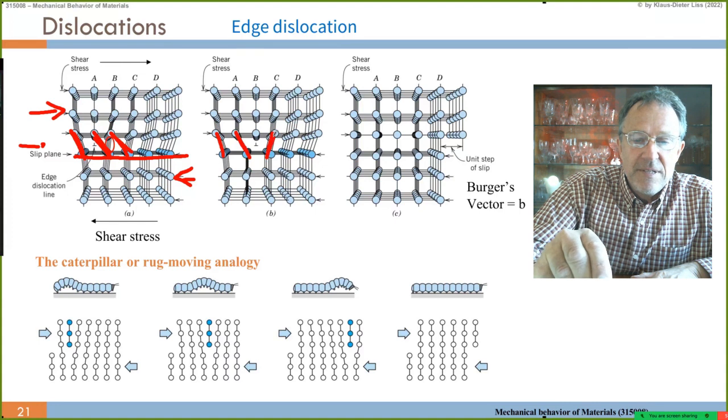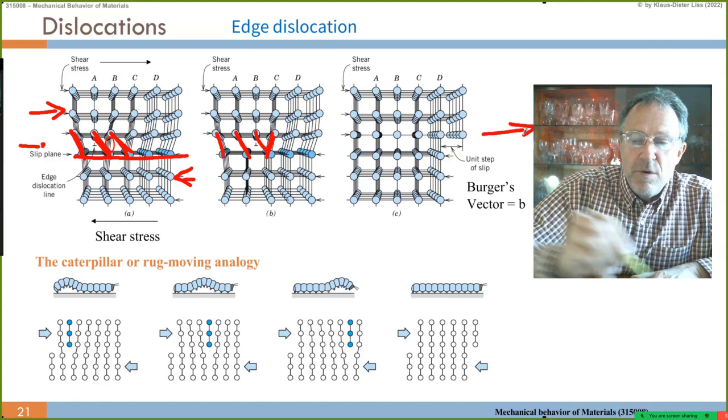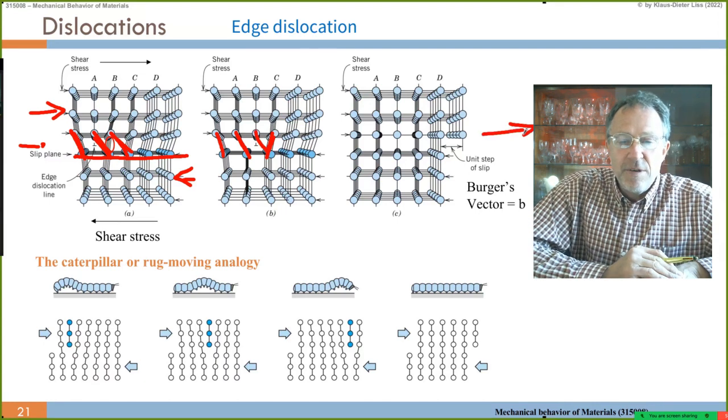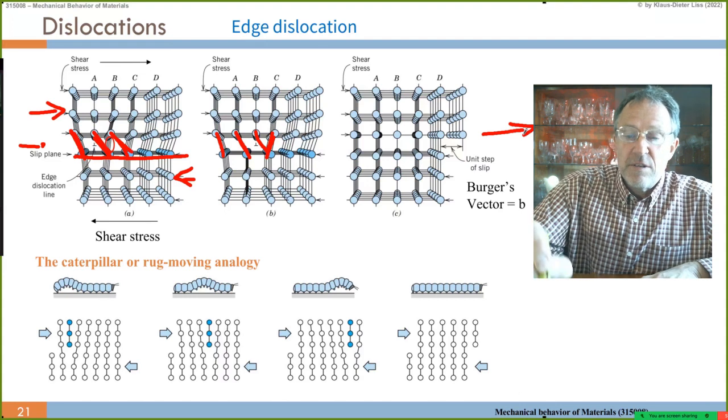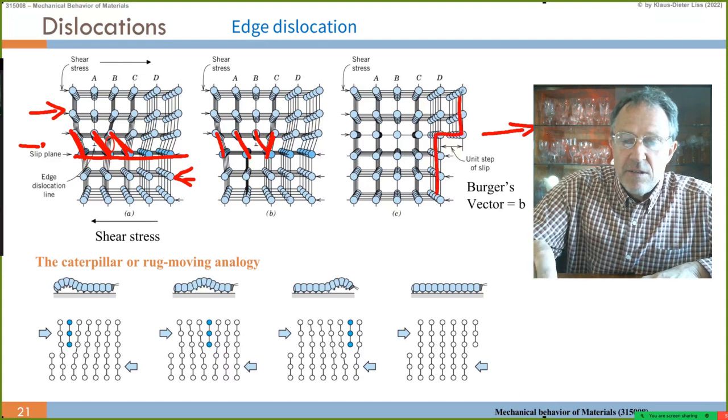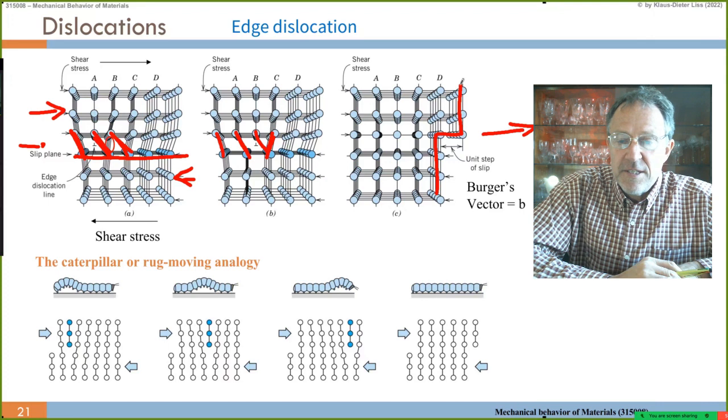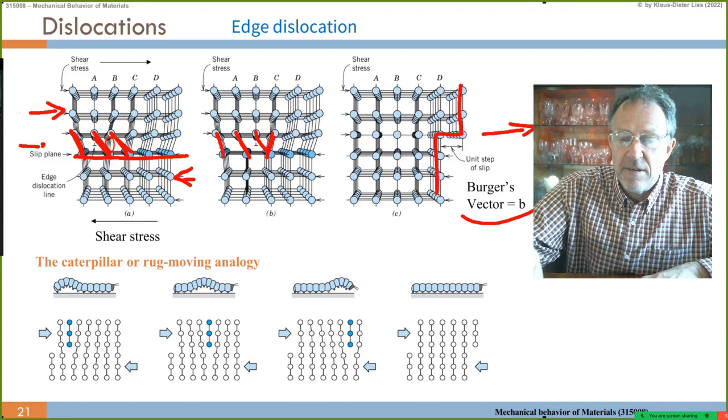Here this one is still connected to the right, and in the next step we can move this to the left, and so on. It means that this dislocation moves through the crystal on this slip plane until we reach the surface, and at the surface we get an atomic size step, the unit step of slip. And this is also the Burgers vector in this case.